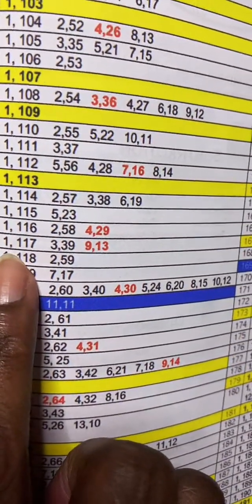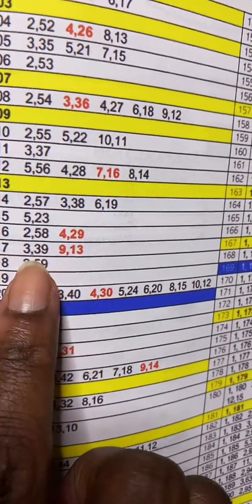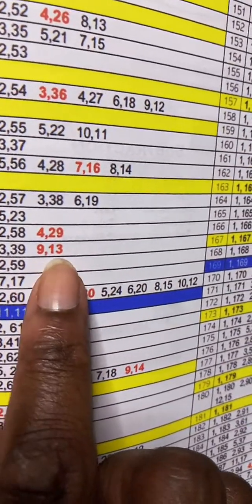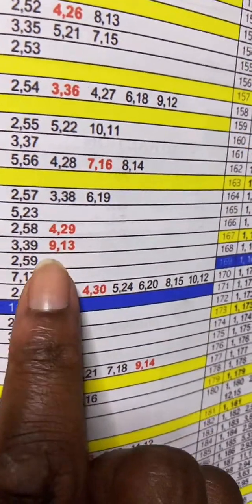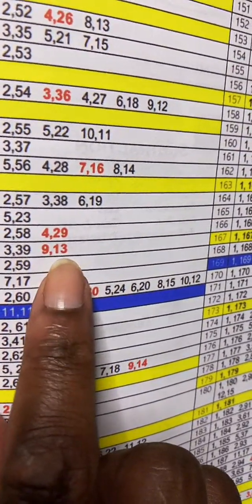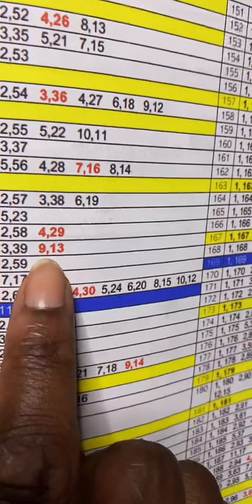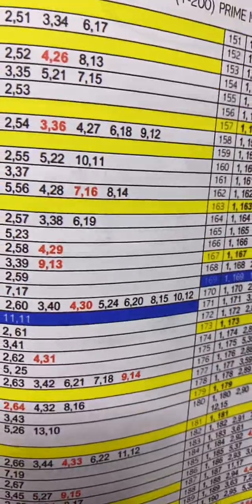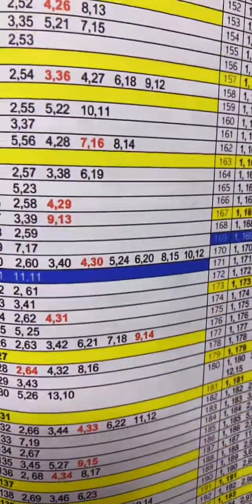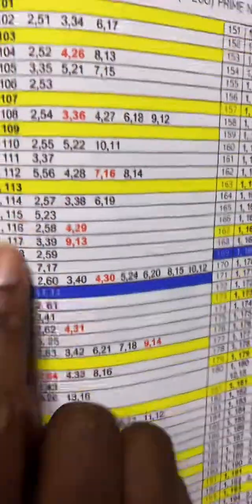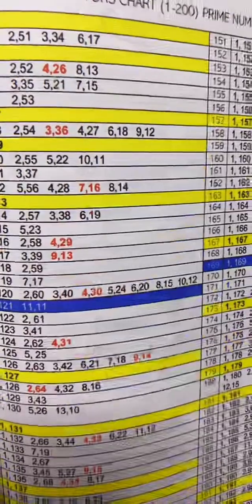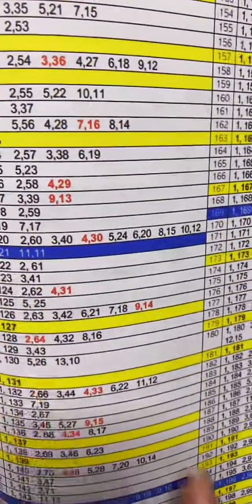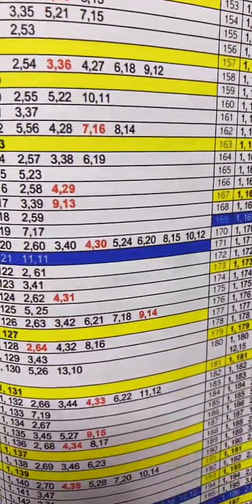Well, I know I have factors of 1 and 117. I have 3 and 39, but I have 9 and 13. 9 is a perfect square, 13 is prime. So all I have to do is put those numbers down, boom, and break down the square root of 9, which is 3. All my prime numbers are in yellow. All my perfects are in blue.